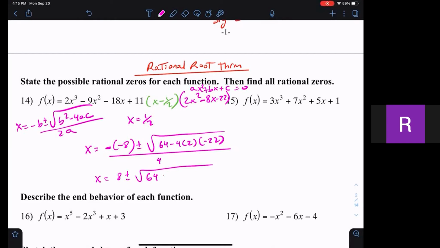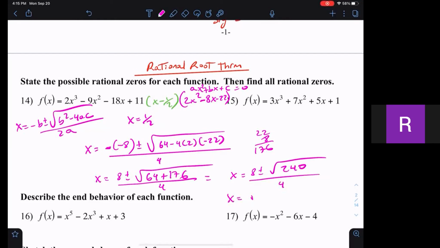So that's going to be plus whatever this is, 8 times 22, right? 22 times 8, that's 176. So 176 over 4. So x equals 8 plus or minus the square root of 240 over 4, right?